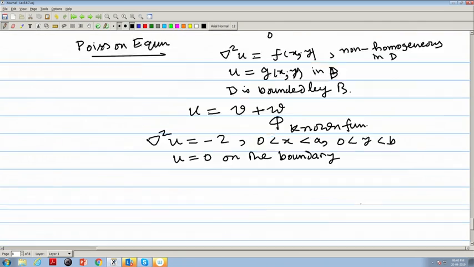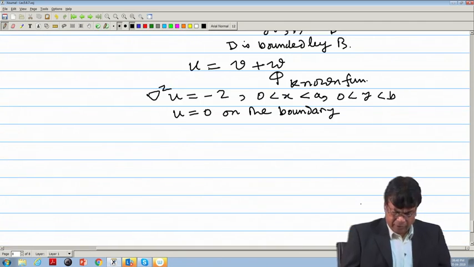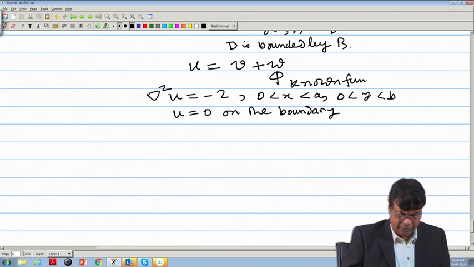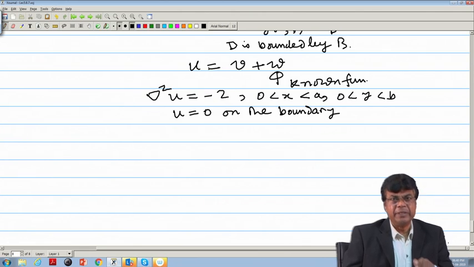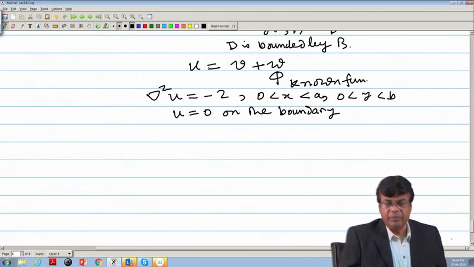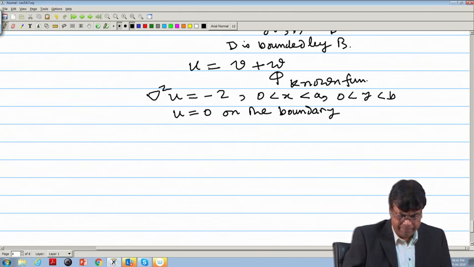A rectangular boundary in this case. So, it is a Poisson equation with a rectangular boundary, but homogeneous. It is a non-homogeneous equation with a homogeneous boundary condition, so a non-zero solution is possible.